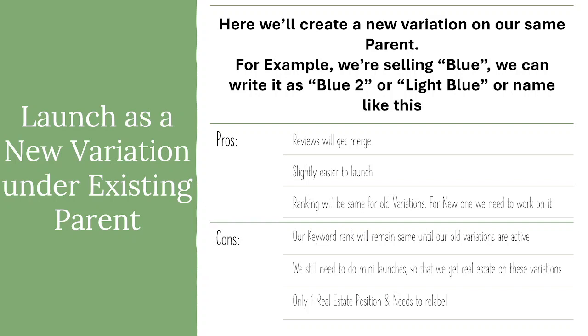So in this case, you will need to do some launch or use a PPC strategy to bring those variations up on the keywords, so that your ranking won't get disturbed. This is the conclusion of the second process.